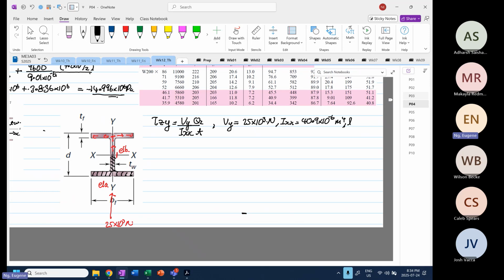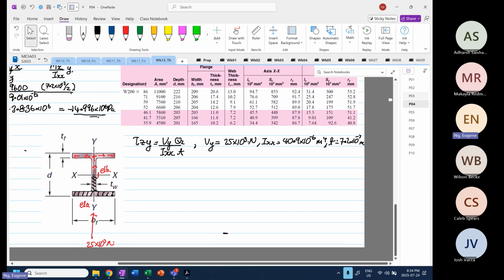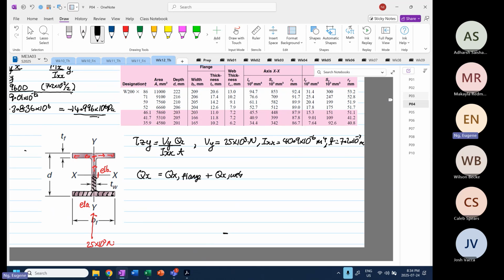And then the thickness, which is this thickness, TW, the thickness T of the web, is 7.2. Okay, again, the first moment of area. So Qx is equal to Qx of our flange plus Qx of our web.